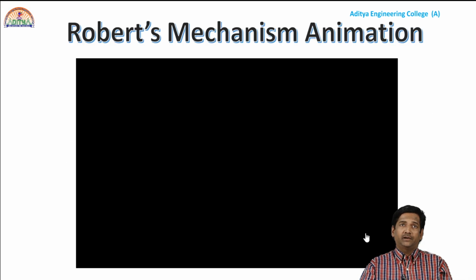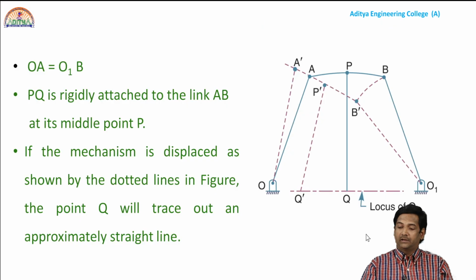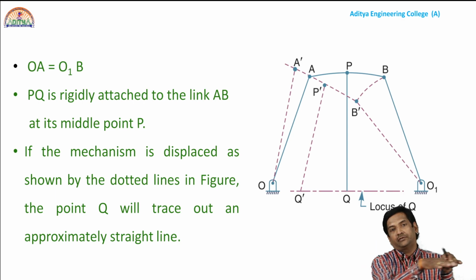In the Robert mechanism, we have one analogy to our exercises. So, think that a person is standing and touching the left foot and right foot by bending the body. So, he is touching to the left, touching to the right side. Whatever hand position is being traced, it will be an approximate straight line.